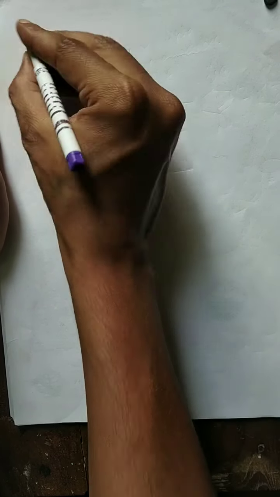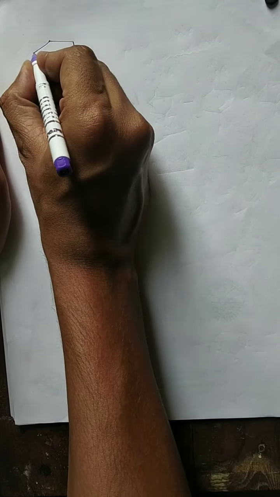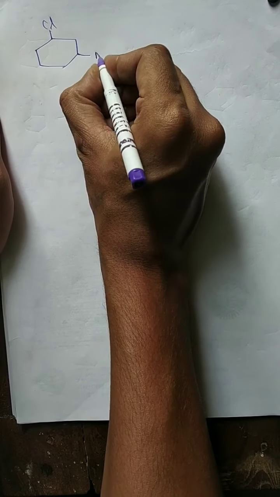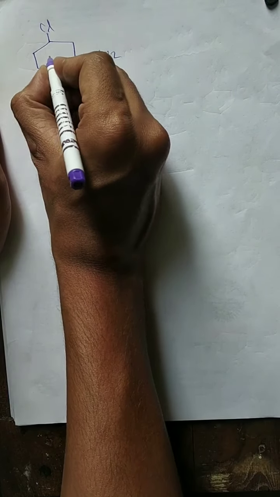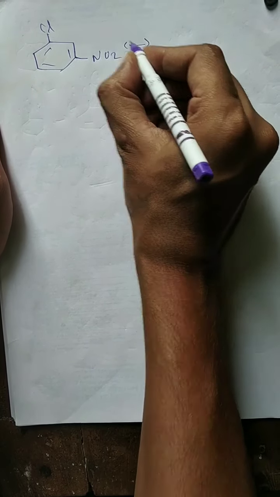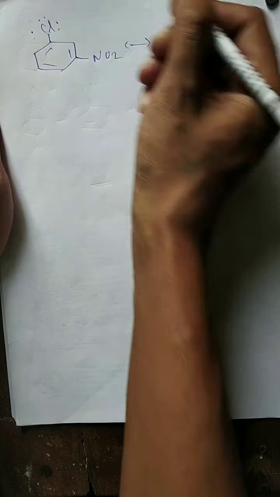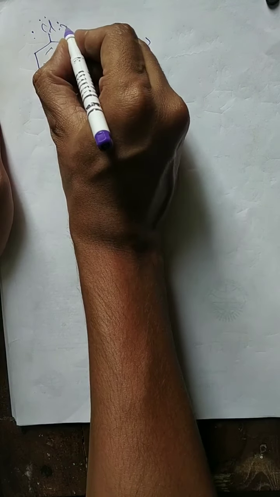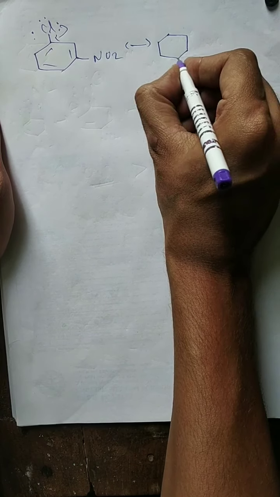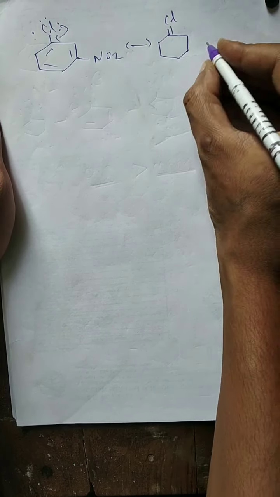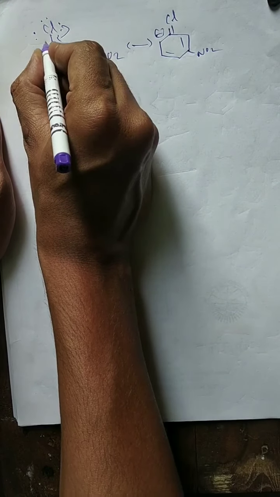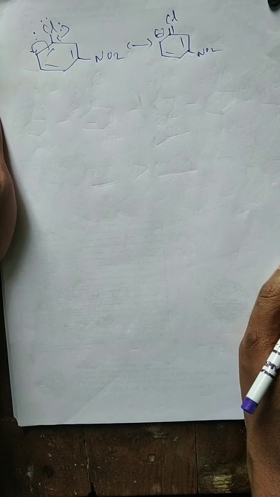Now in the case of meta position, this one is our meta-nitrochlorobenzene. In case of that, what happens here? If we try to draw the resonance structure, this electron will make a double bond. This double bond will break and make a negative ion.